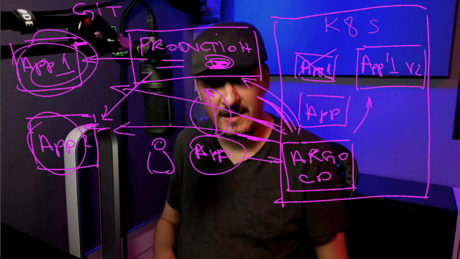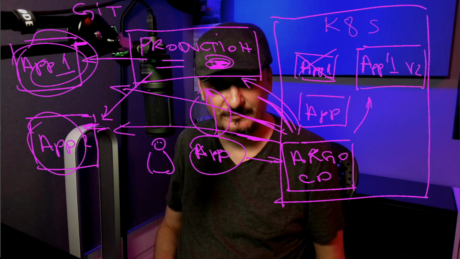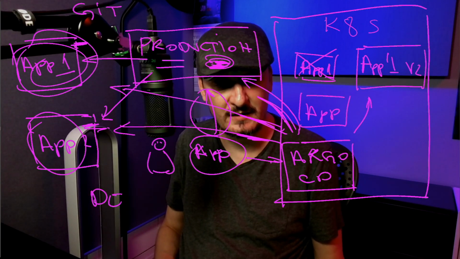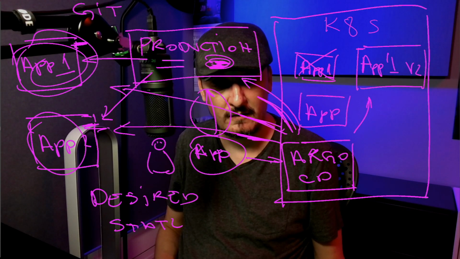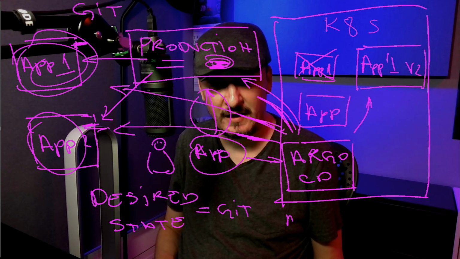So it maintains those two in sync. And those two is that this is the desired state. And desired state is Git. And this is the actual state, which is, in this case, Kubernetes.